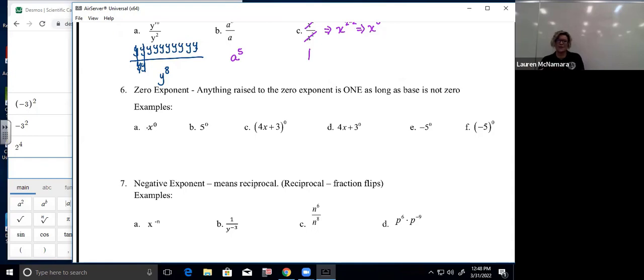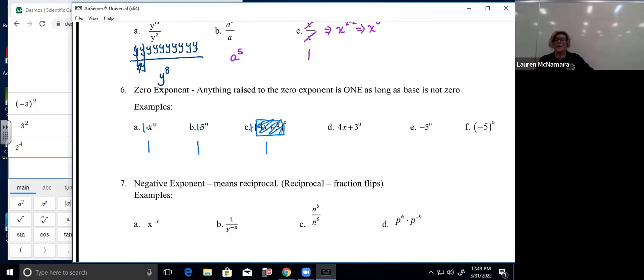But what's in front that's not written there? A 1. So really, I just have 1 here. Same thing with B. I have 5 to the 0, which means I actually see no 5s, but what's in front that's not written there? Yeah, 1. Anything to the 0 power, it doesn't matter what's inside my parentheses, there's a 1 out in front.